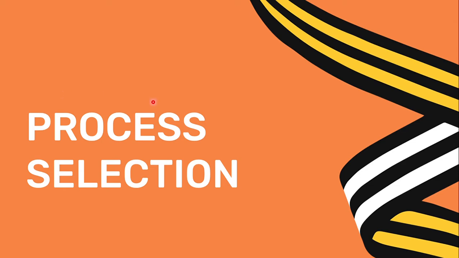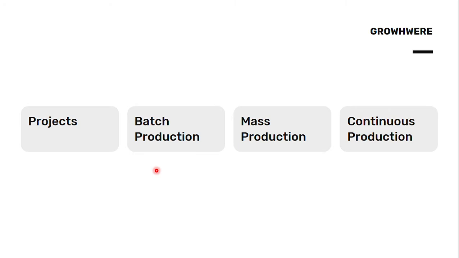Things that are produced in our manufacturing can be classified into projects, batch production, mass production, and continuous production. We'll go one by one through each of them.